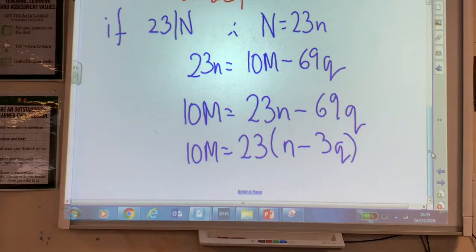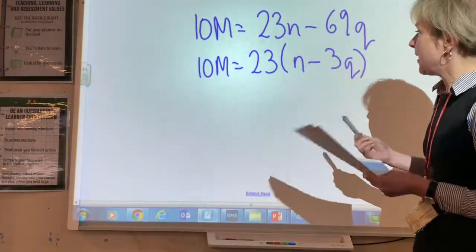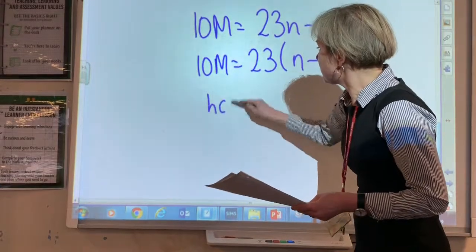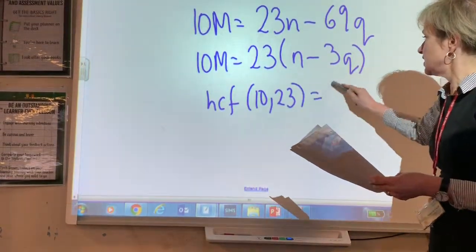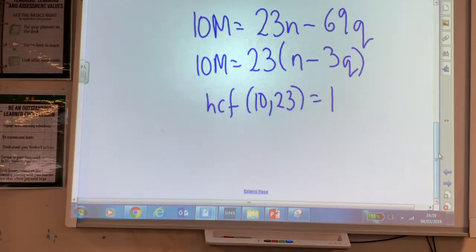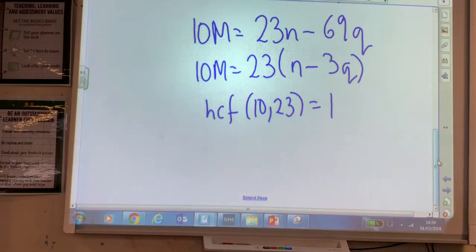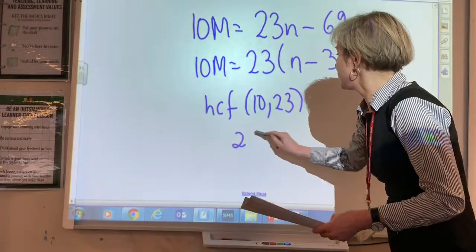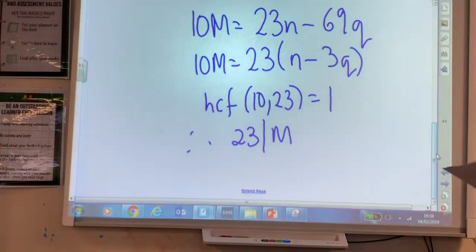So I can see that 10m has a factor of 23, but I know that the highest common factor of 10 and 23 is 1. So because 23 is not divisible by 10, m must be divisible by 23.